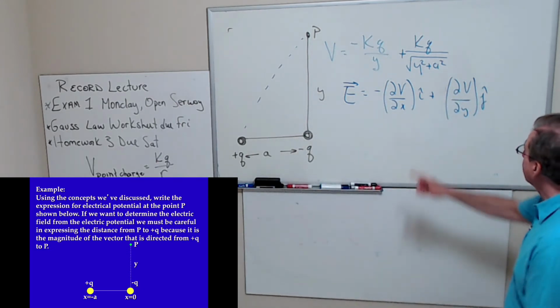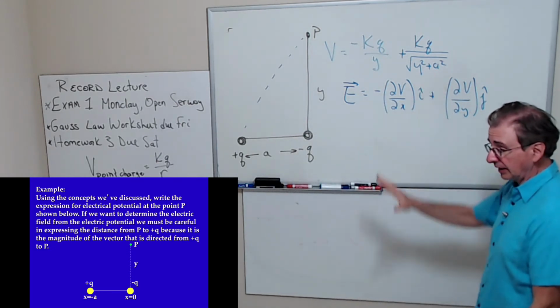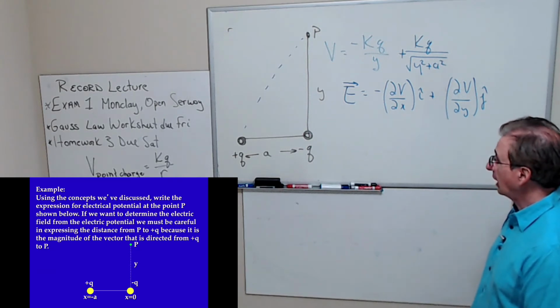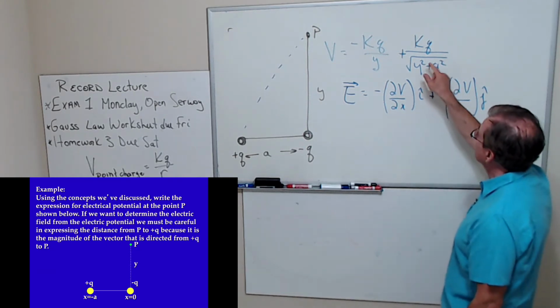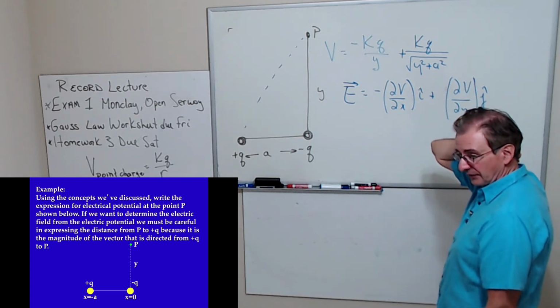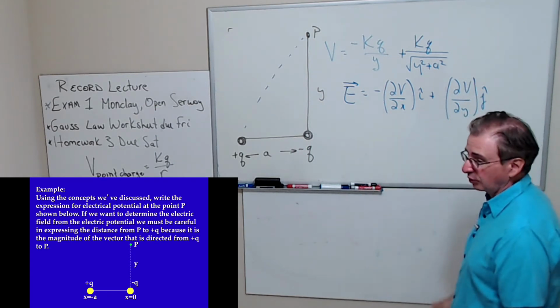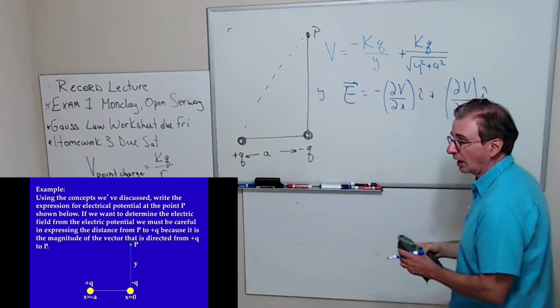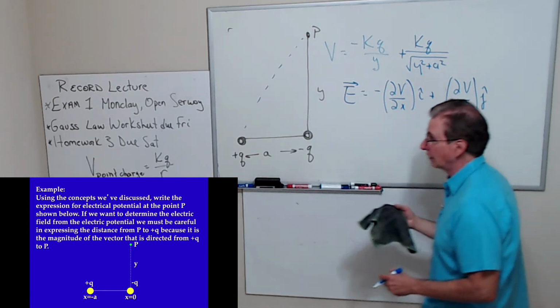Now, the way this equation is written, I cannot do the calculation, because this equation gives me the value at a specific point. I want to see how this varies with y, and how it varies with x.